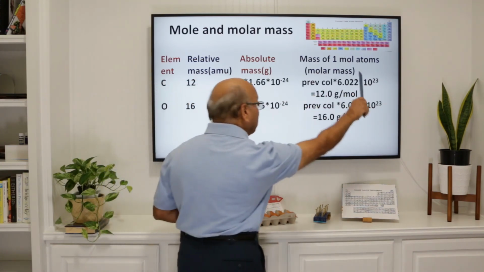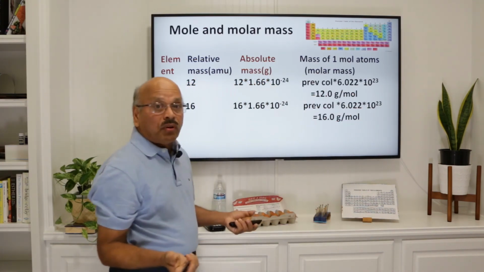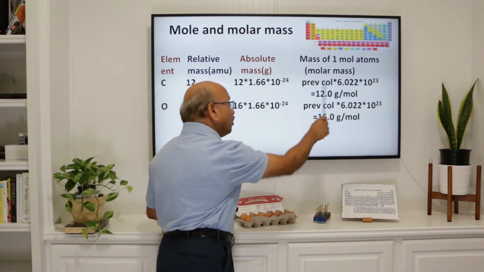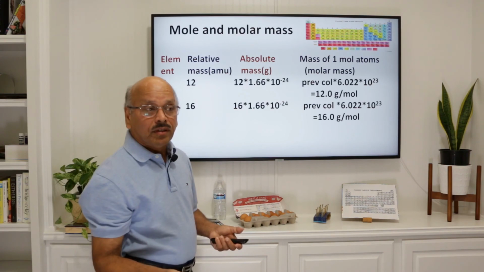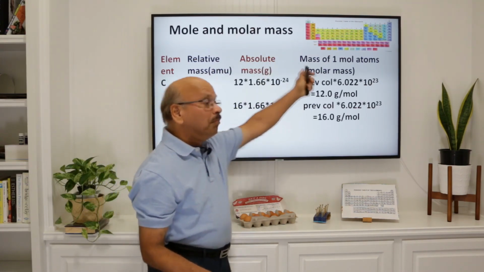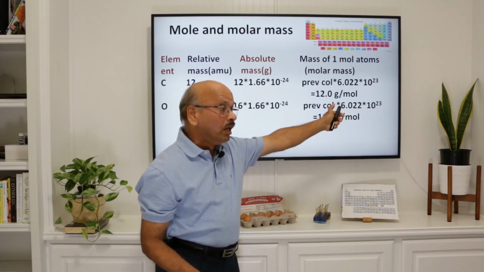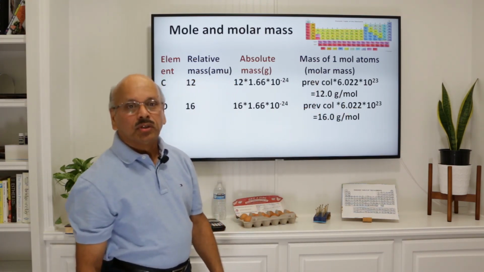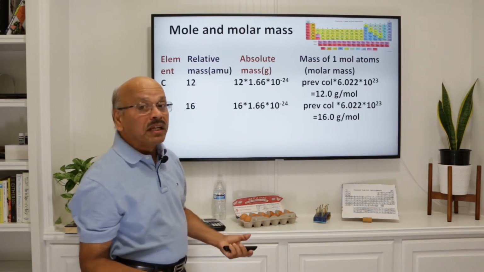But if you take 1 mole of atoms, that is your group of atoms which makes 1 mole, it's going to be the same number, only the unit is changing. So the atomic mass has a unit of AMU, but the molar mass, the mass of 1 mole, has the same number with the unit grams per mole. So that's the thing. So it becomes easy.